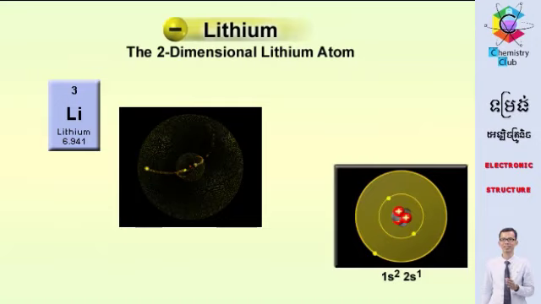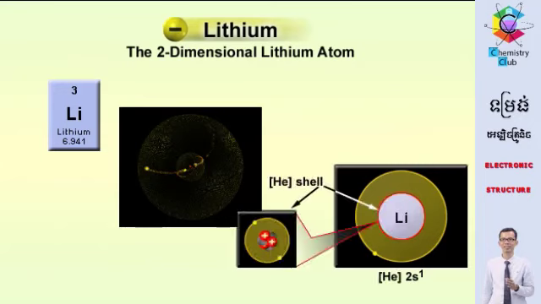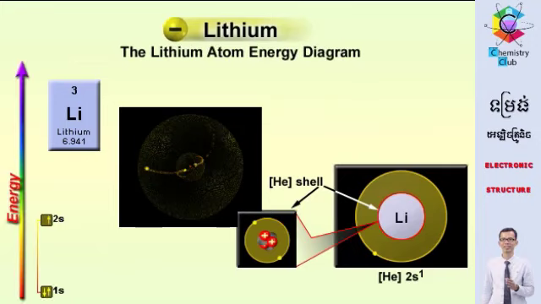Chemists would describe its electronic configuration as 1s2, 2s1. Since helium, with its two 1s electrons, represents a completed level, which is often called a closed shell, we can abbreviate 1s2 as the symbol for helium in brackets. We'll continue to use a new abbreviation each time we reach another closed shell.